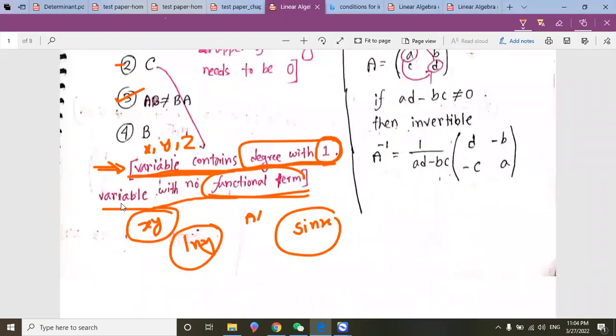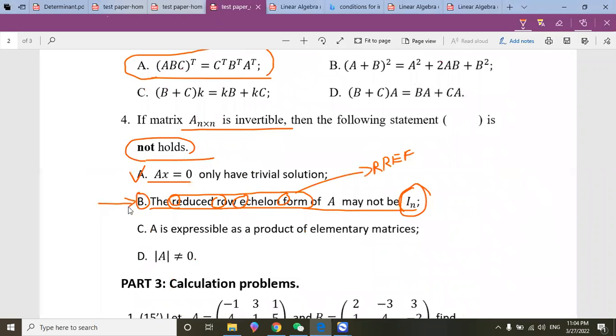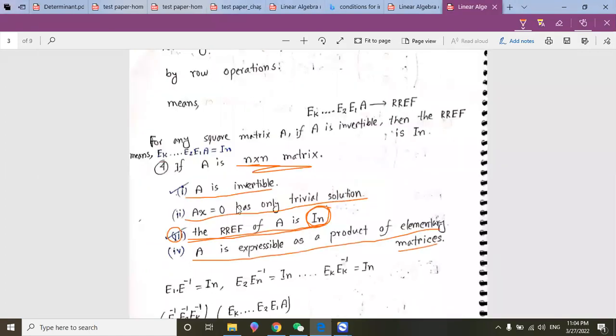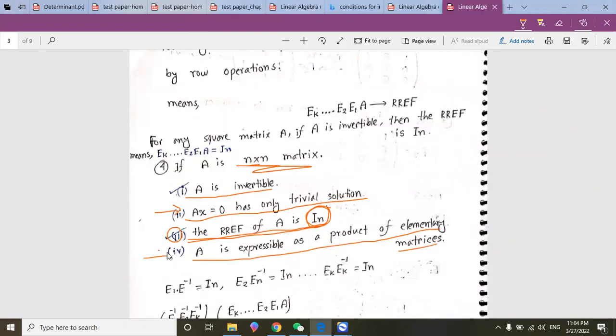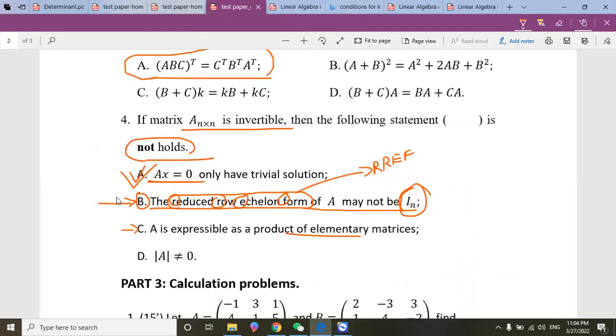So this statement B, this is false, okay? And all the other statements: Ax equals 0 has only the trivial solution, and A is expressible as a product of elementary matrices. So you see, all the other conditions are matching, but only this third condition is not matching here, right? That's why it does not hold. That's why the answer will be B.